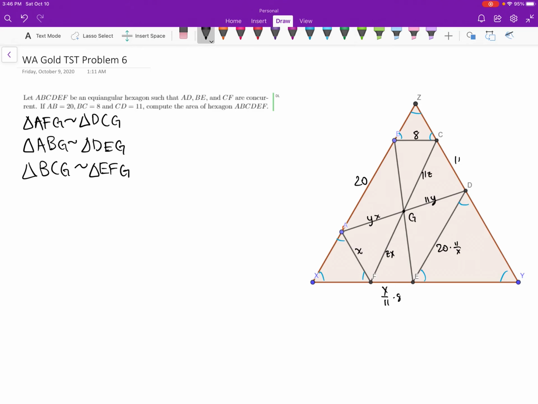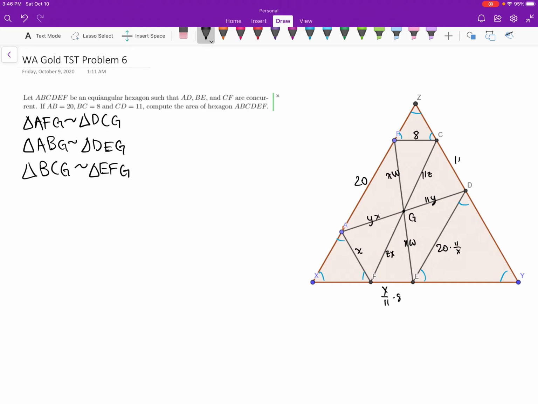And from here, I'll just label another variable for this. If we have some w, and this would be 11w, then because of the similar triangles EDG and ABG, you get that this is 11w, and this is going to be x times w.